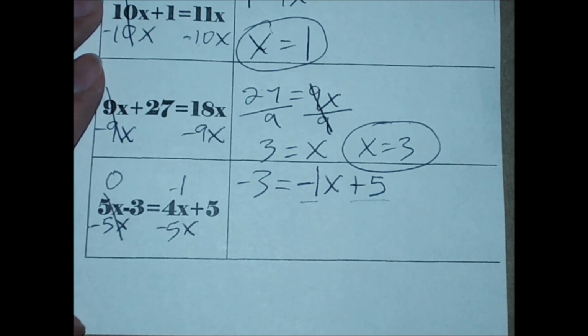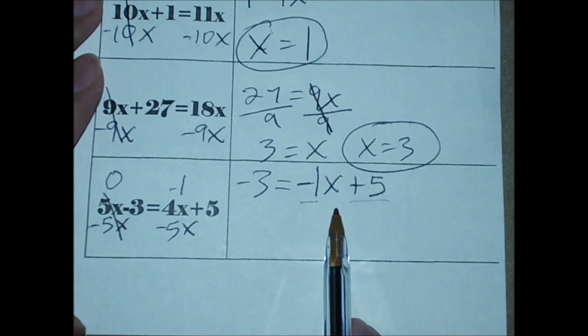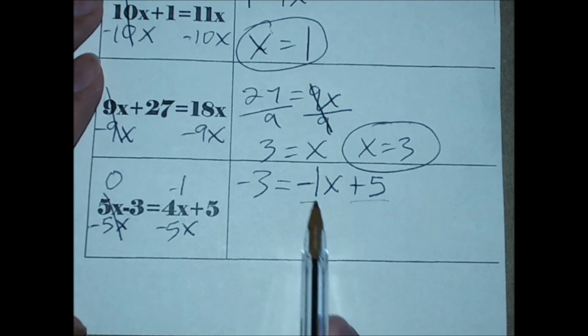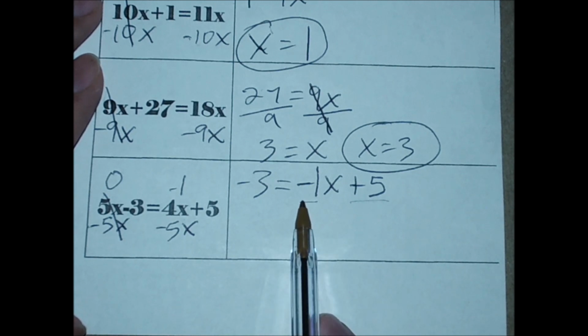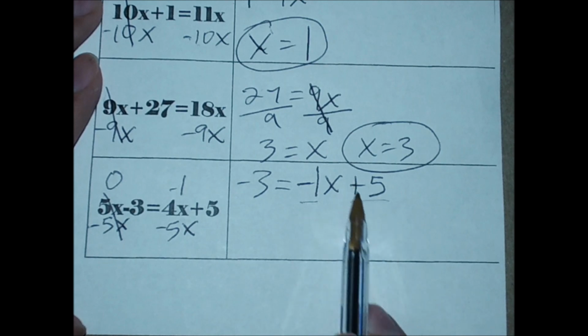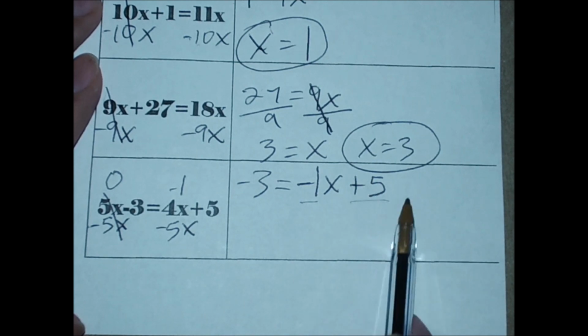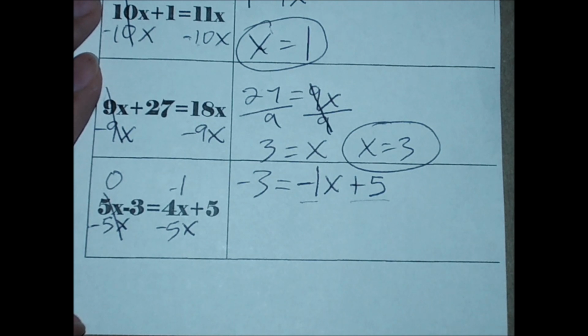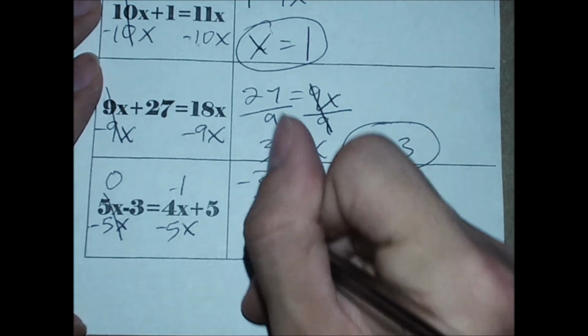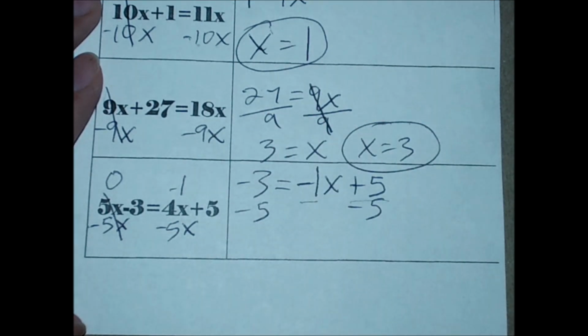Both of those things need to be canceled in order for the x to be by itself.